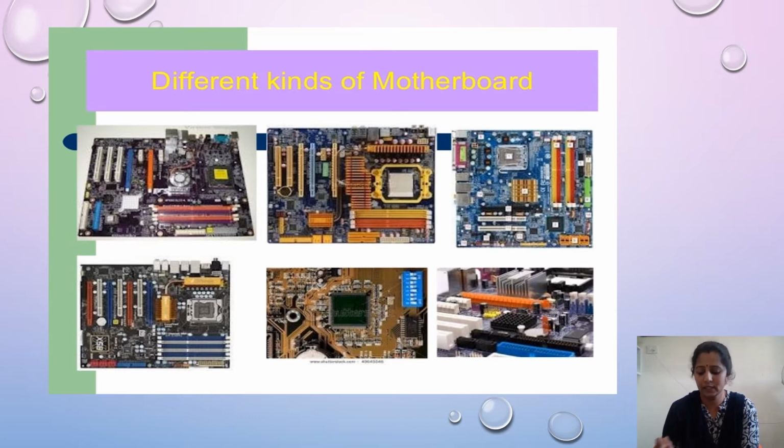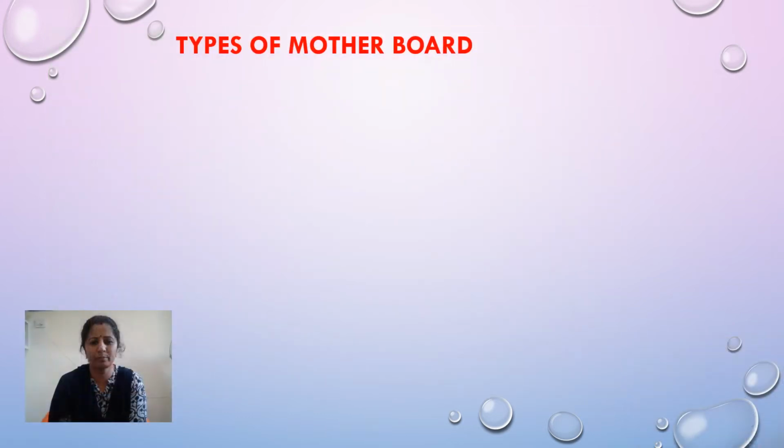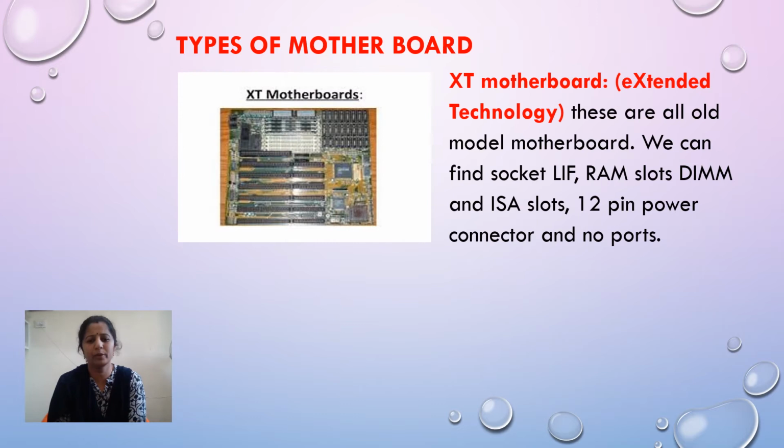So that we'll discuss in the types of motherboard. First one is XT, that is the extended technology motherboard. This is our oldest motherboard. It doesn't have any ports. Whatever you are using now, USB ports, VGA slots, AGP ports, modem, everything will not be present in the XT motherboard.